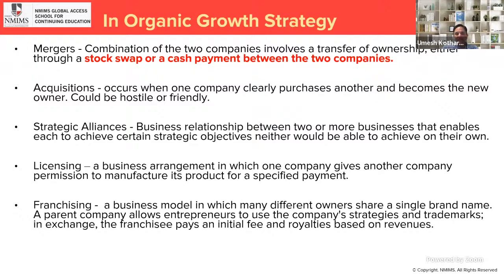And licensing is giving them a license to work for a short period of time. And franchising is a business model where you have to adopt the same branding, the same infrastructure, the same look and feel of the brand, and therefore you pay a revenue for acquiring the brand and the infrastructure that you are going to use to make money.